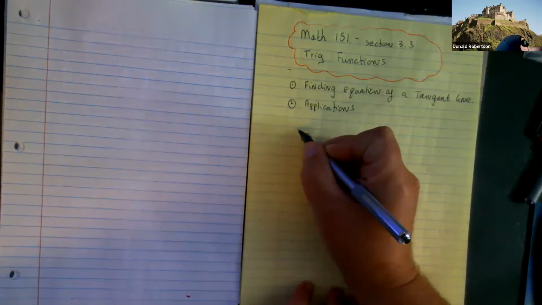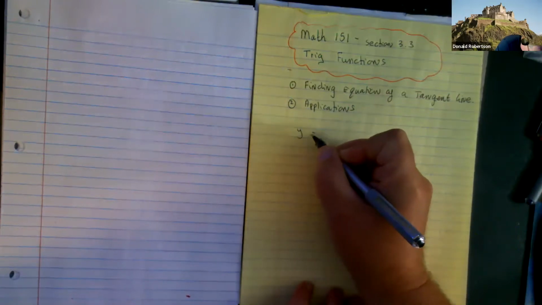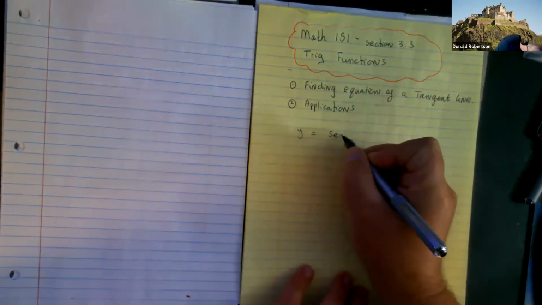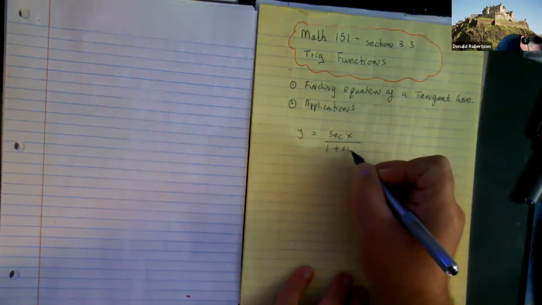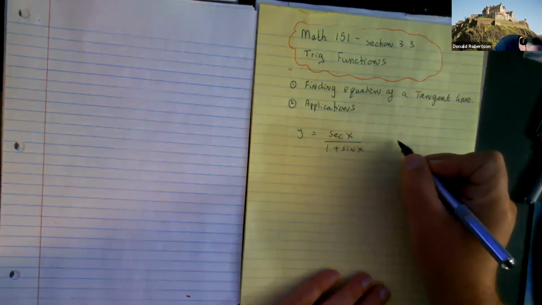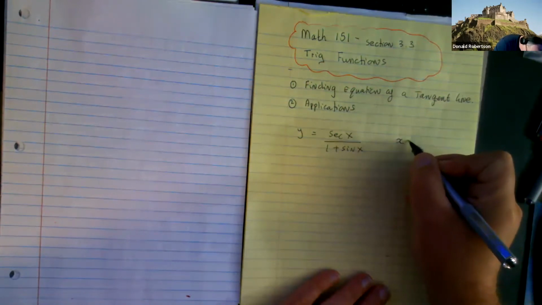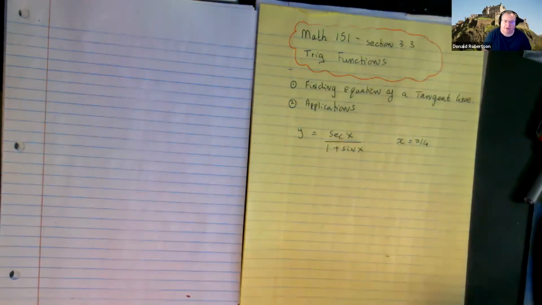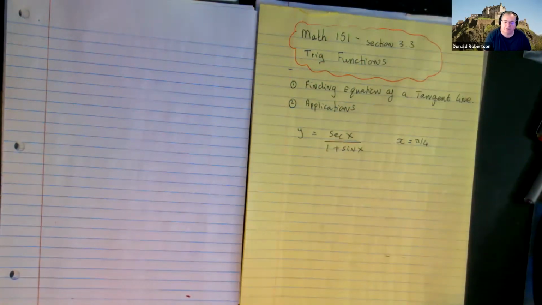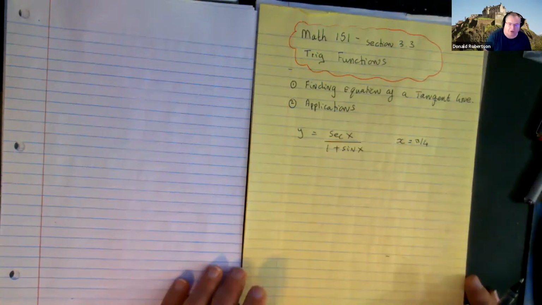So the first kind, suppose I give you a function, secant x over 1 plus sine x, and I would like to know the equation of the tangent line at x equals pi upon 4. That would be a standard find the equation of a tangent line type question.